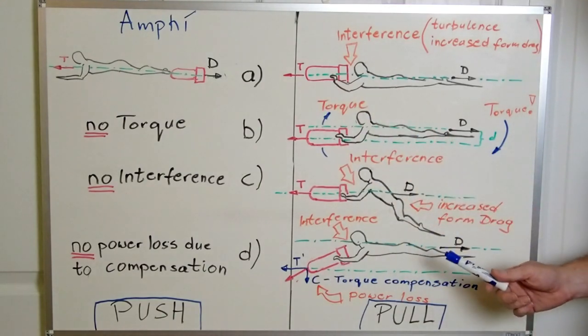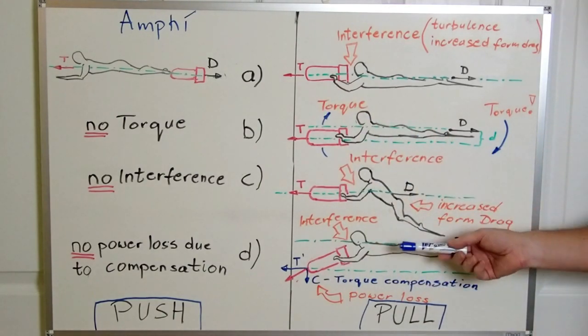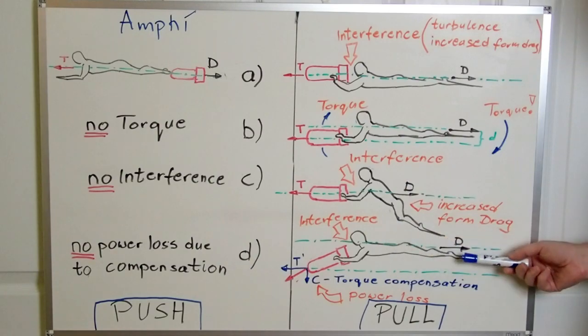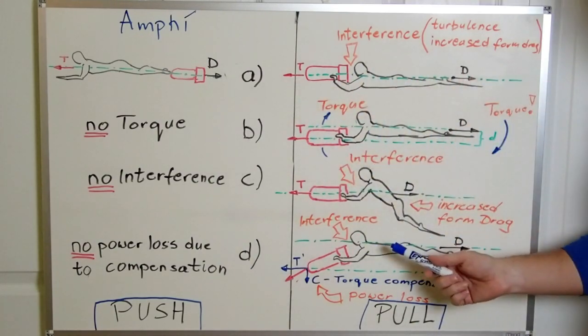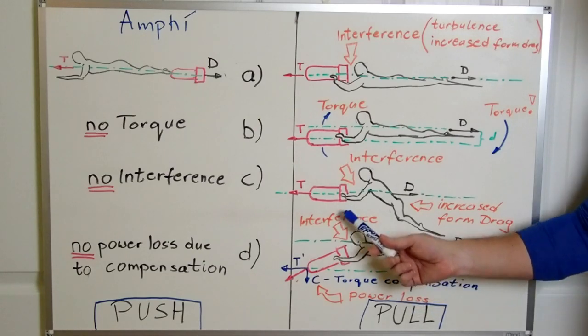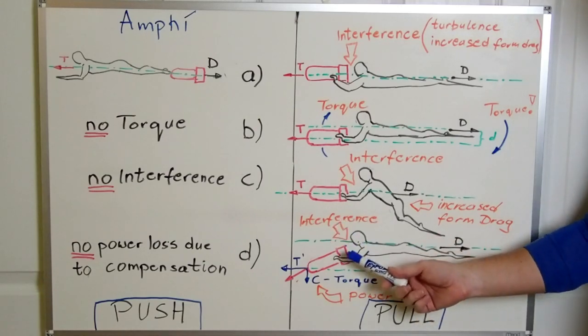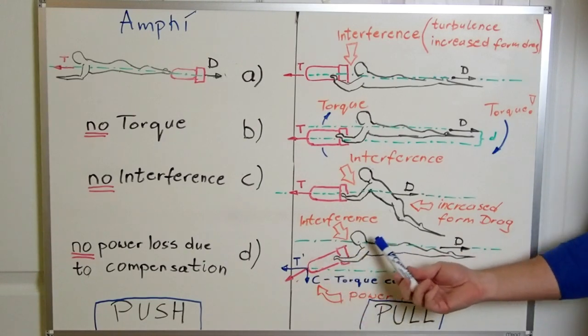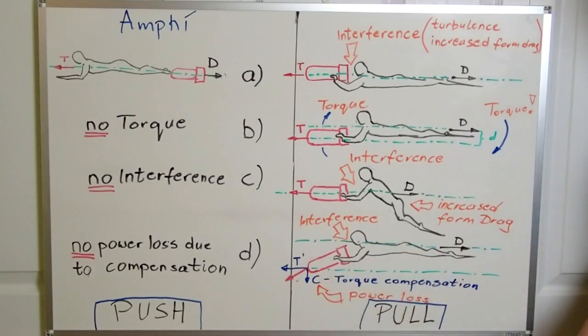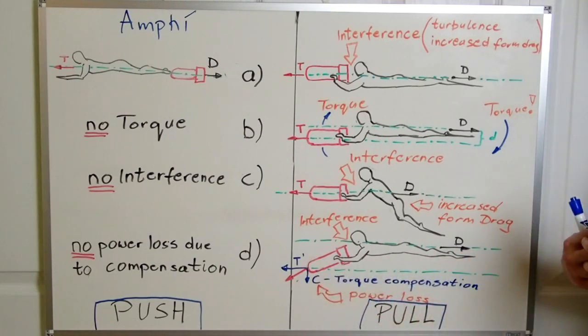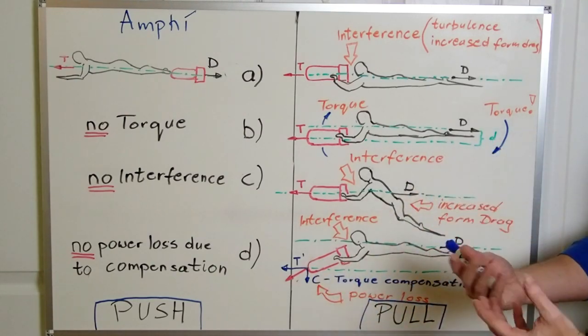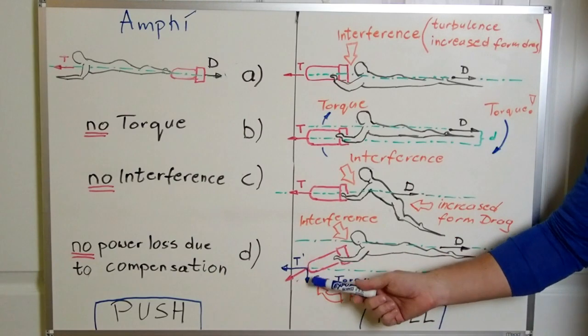So it is a better solution than this one because you're not exposing yourself to this incoming water, but still you have an interference problem because the thruster is hitting you with fast-moving water, and you have to lose or devote part of your thrust to this balancing force here.